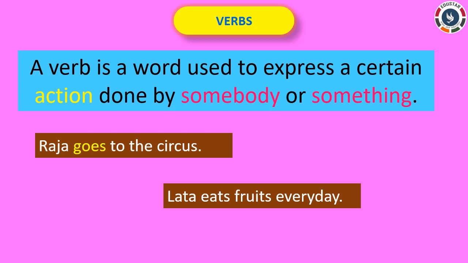It is done by Raja. In the second sentence, the main action word is eats, and it is done by Lata. A verb plays an important role in a sentence, and without a verb, a sentence is incomplete.